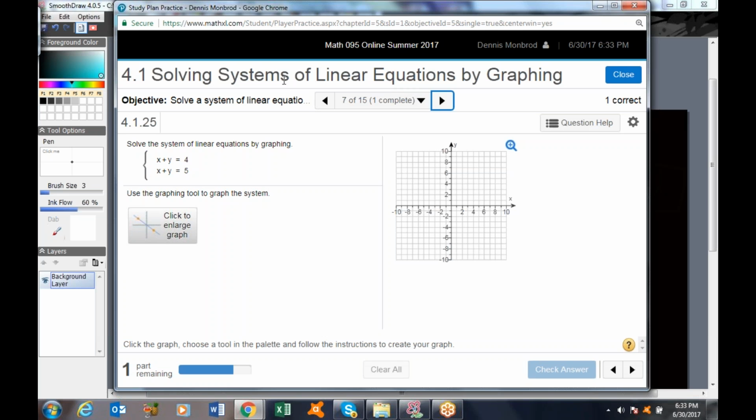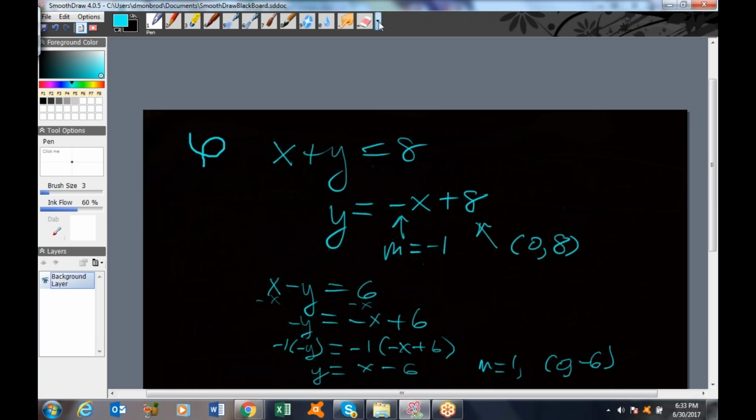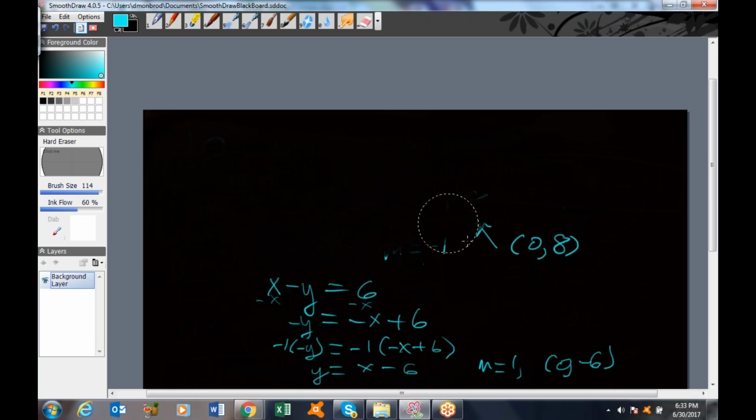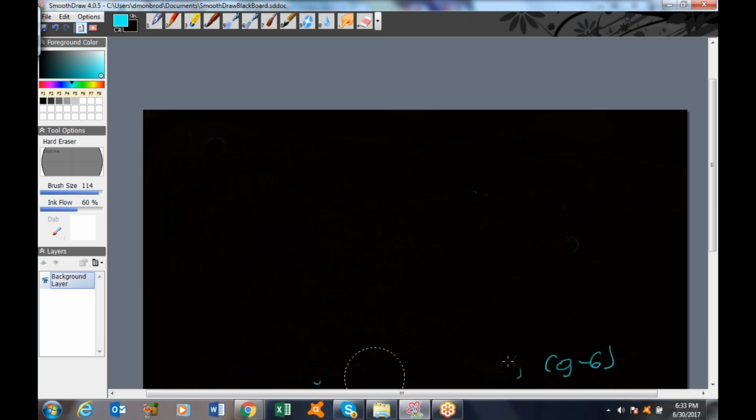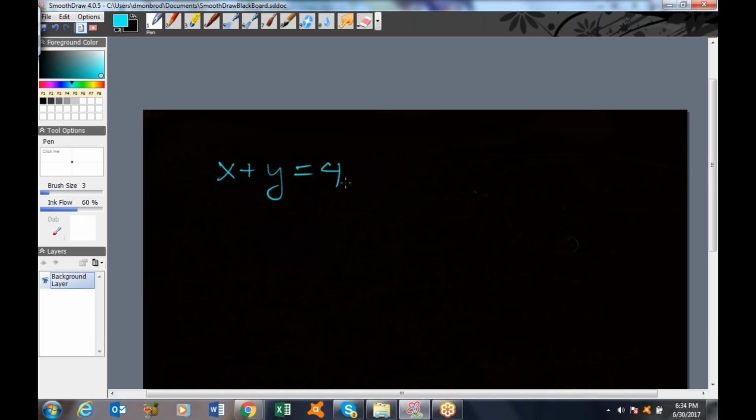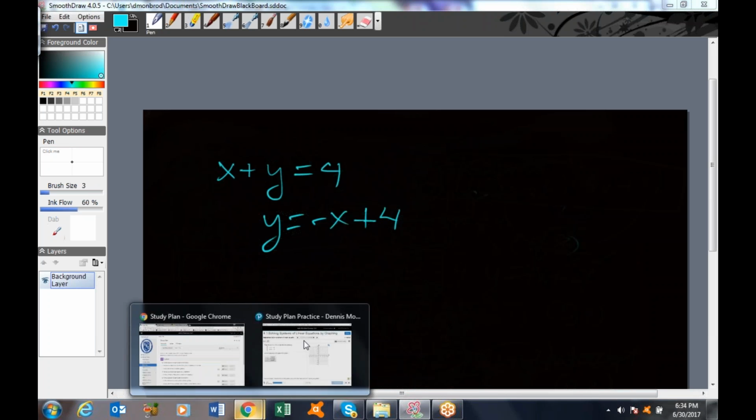X plus y equals 4. So let's go back over here. X plus y is 4. So that means y equals -x plus 4. All right, so let's go back and graph that.